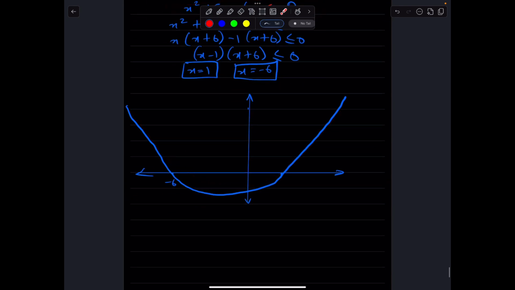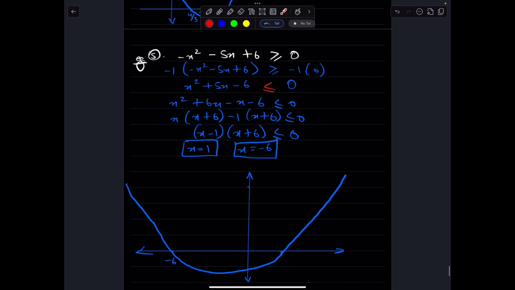And now identify the region required. This is greater than equals to sign. So we require the region. No, wait. This is a common mistake. We change the sign to a less than equals to sign when we converted this to a minimum. So we'll take this sign into consideration. This is a very common mistake.